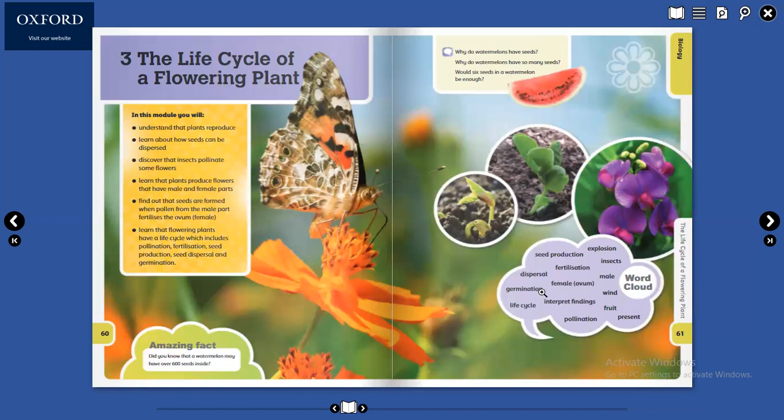And this is germination, not generation. Germination, interpret findings, life cycle, fruit, present, pollination. Okay.